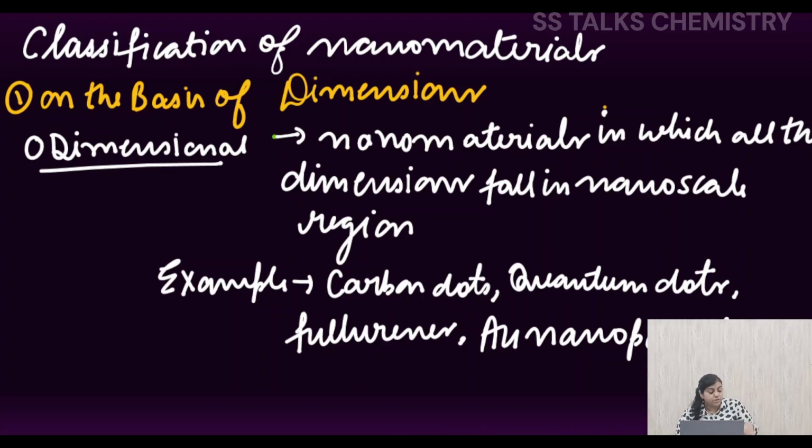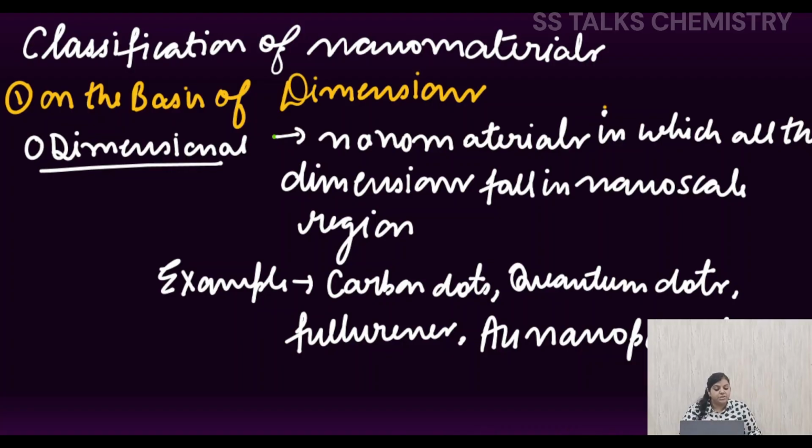It is just the reverse you have to consider. Basically, the 0-dimensional refers to the case where all three axes, x-axis, y-axis and z-axis, are lying in the nanoscale region; the particular nanomaterial falls into the category of 0-dimensional species. So I have written the definition of it.